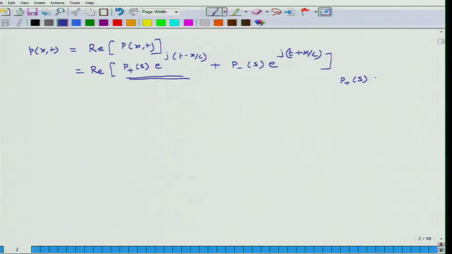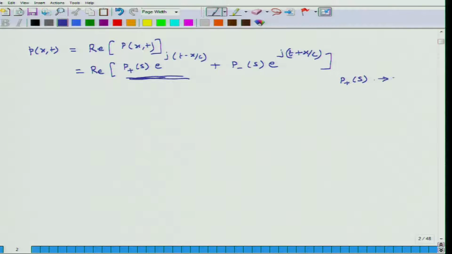So p plus is the complex amplitude of this whole term, and it does not vary with time or x, but it can potentially vary with s, which is the complex frequency. So this is a complex amplitude. Similarly, p minus can also potentially depend on complex frequency s.